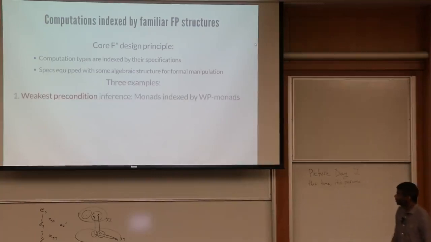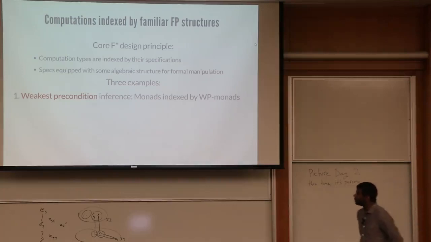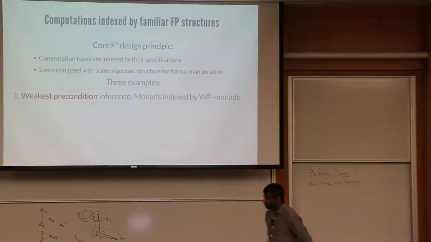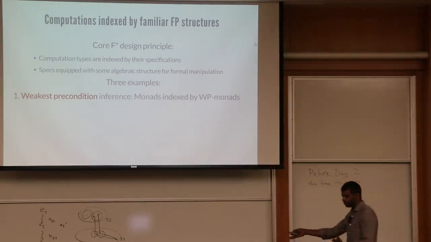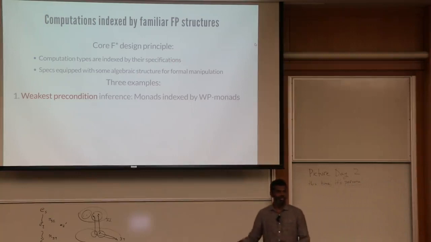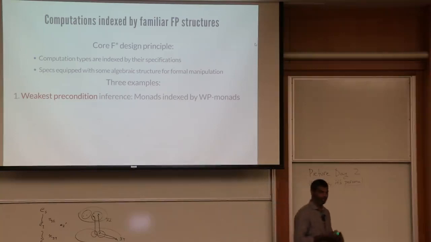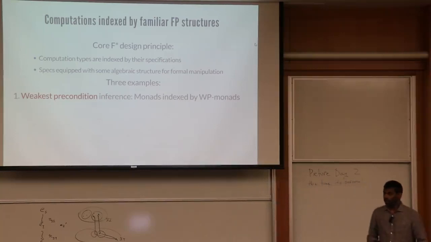So there are 3 examples that I'm going to try to get to in this talk. The first is weakest precondition inference. So you're writing an effectful program. If you want to feed the verification conditions to an SMT solver, looking at something like Dafny or VCC or an effectful program verifier, you need a way to build a verification condition, this formula phi that I had on the side for factorial.